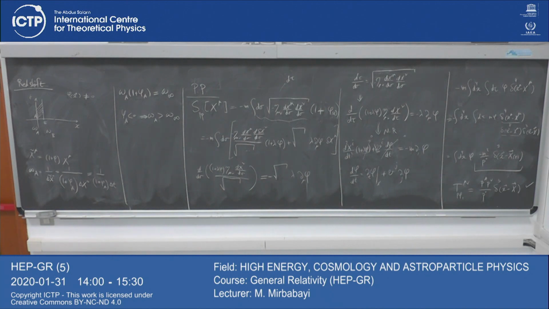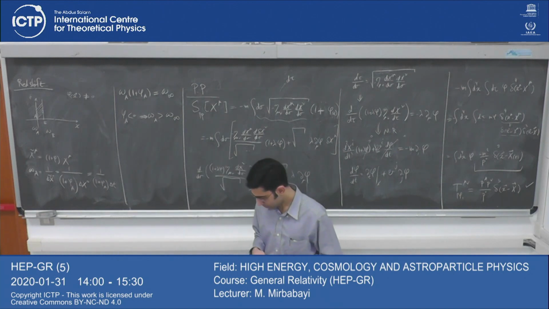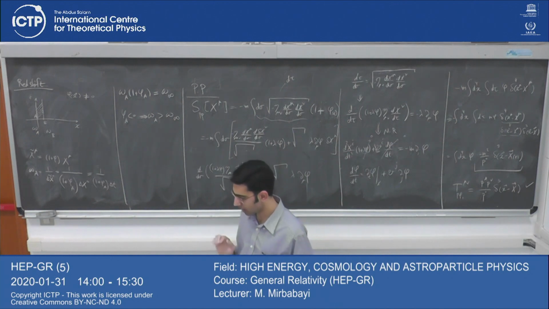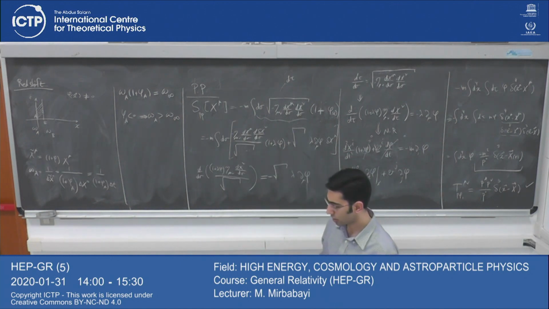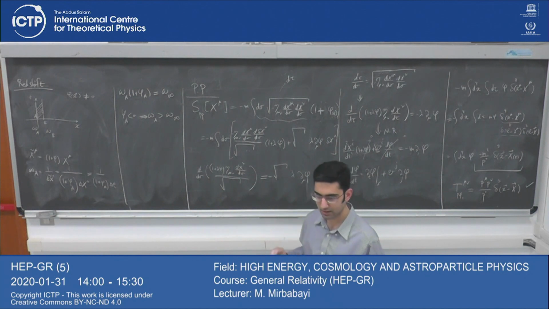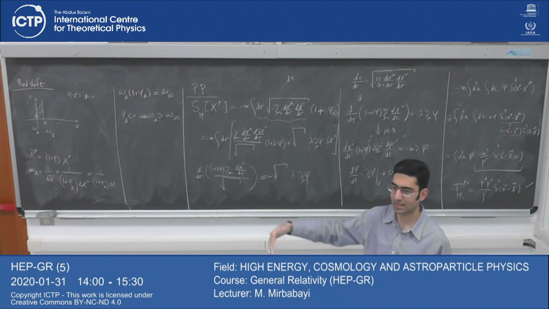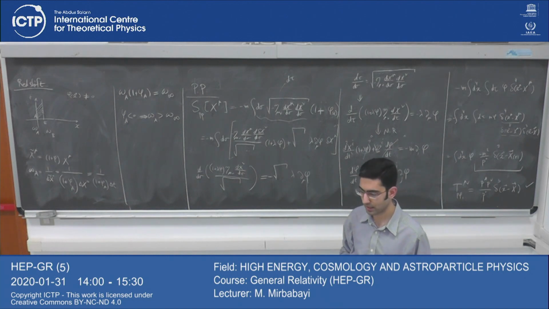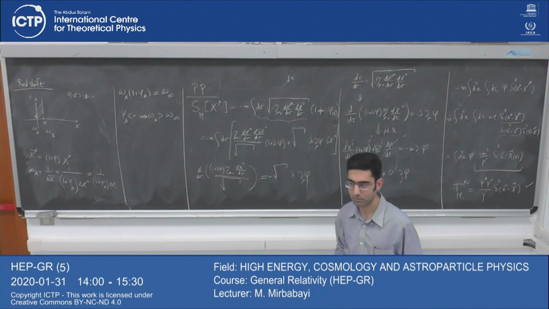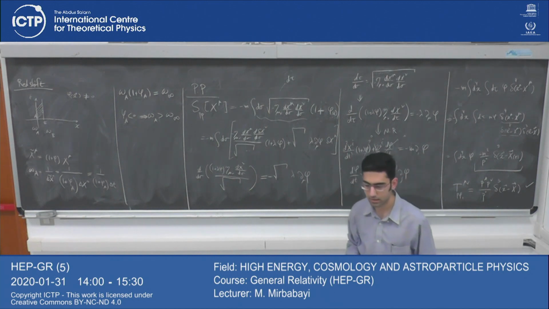Now, the points at which this 1 plus phi becomes 0 correspond to... Well, actually, when you go to the nonlinear level, then before getting to this point, there is another point when 1 plus 2 phi is going to 0, and that point is where you have a horizon.